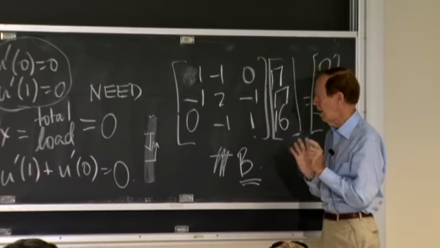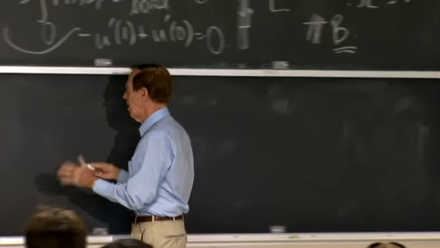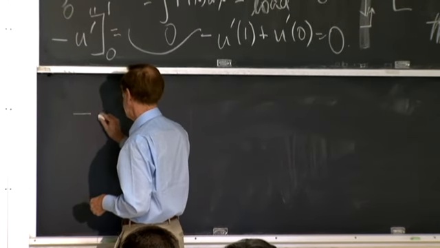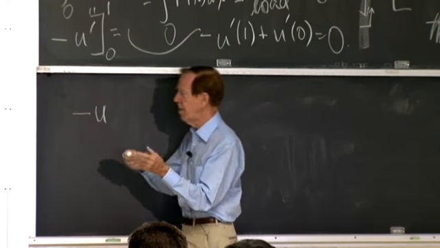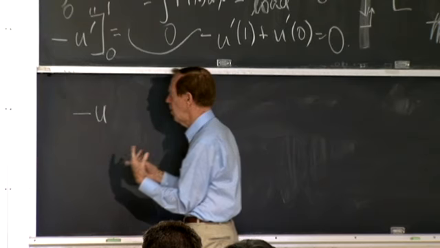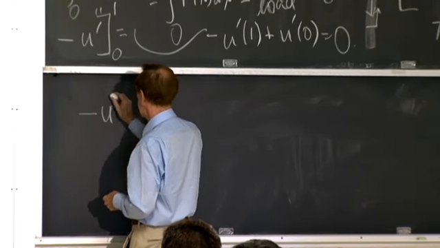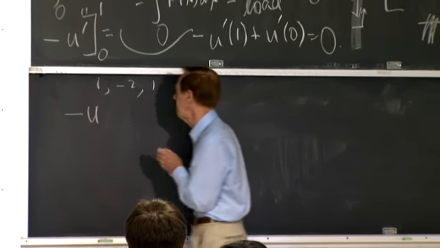Right. And so, let's see. My discrete equation was like minus u. So let's back up to the beginning. We've got this minus sign, and we're using a second difference. So second differences have coefficients 1, minus 2, and 1.